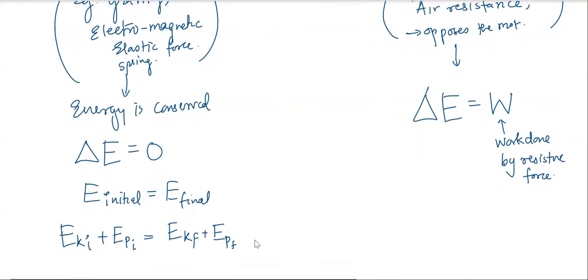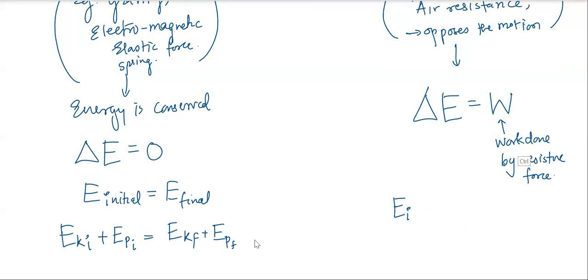So change in energy can also be written as final minus initial. Since the resistive force acts in the opposite direction of the motion, the initial energy is lost; there will be some final energy and there will be some work done.